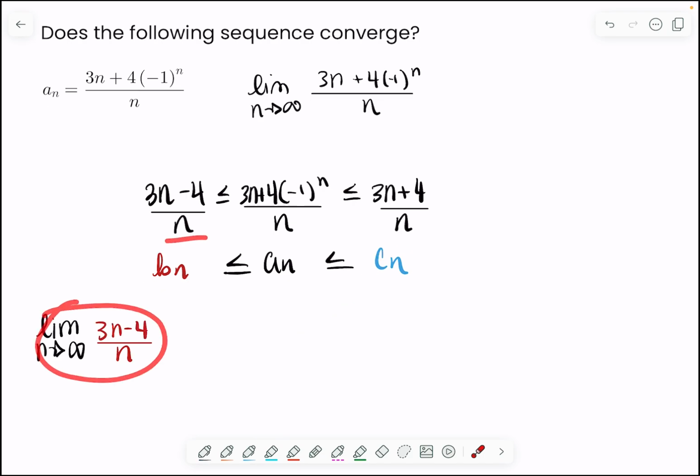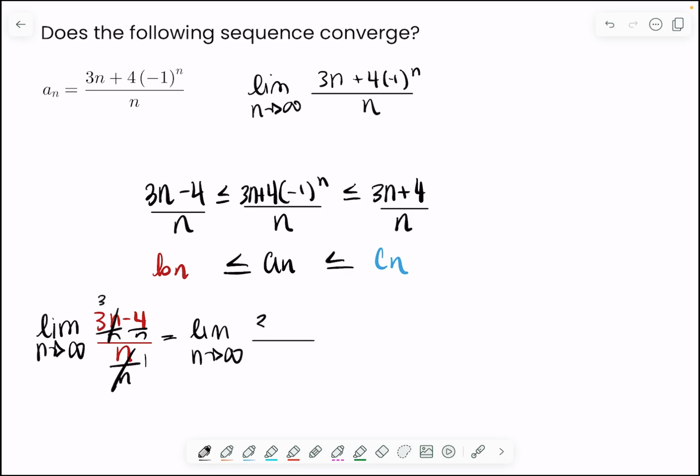So first I'm going to find the limit of this one. If I do infinity over infinity, I get indeterminate form. And when you're dealing with limits where values approach infinity, and you have a fraction that's relatively simple, you can divide every term in that fraction by the term with the largest power in the denominator. Since this is the only term in the denominator, you divide every term by that. So we have the limit as n approaches infinity of 3 minus 4 over n, over 1.